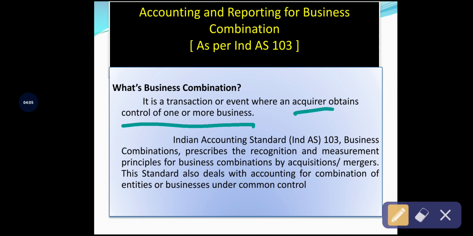Next, Indian Accounting Standard 103 on business combinations prescribes certain rules and principles for recognizing and measuring transactions related to business combinations by acquisition and merger.